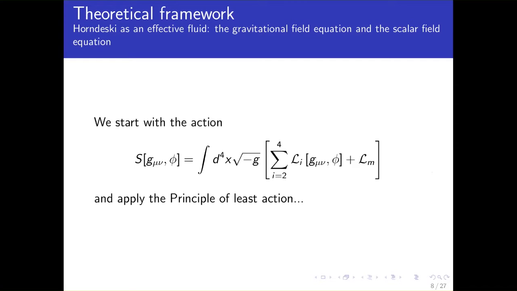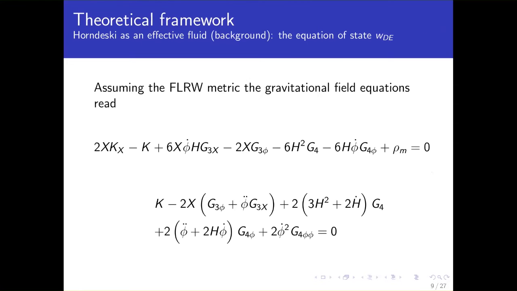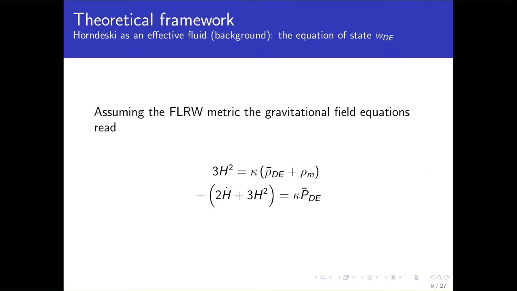Again, by applying the principle of least action, we can find the gravitational field equations, which, by assuming the Friedmann metric, look like this. These equations we can rearrange so that they look similar to the ones in the standard model.